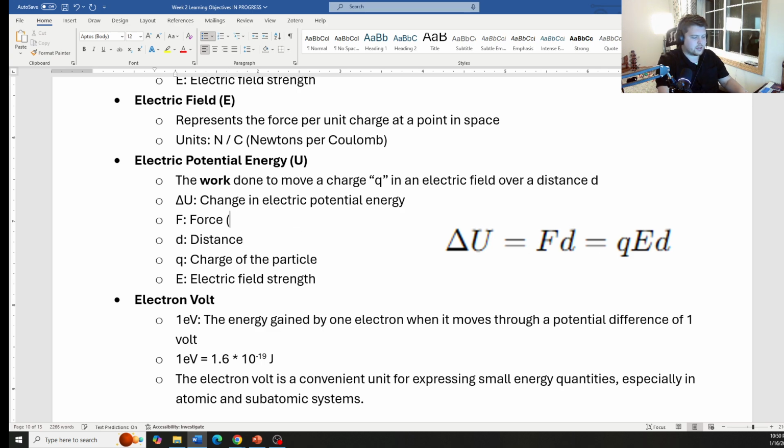And of course, forces are in newtons, distance should be in meters. The charge of the particle will be in coulombs, like we saw above. And then electric field strength is represented, I believe, in newtons over coulombs.